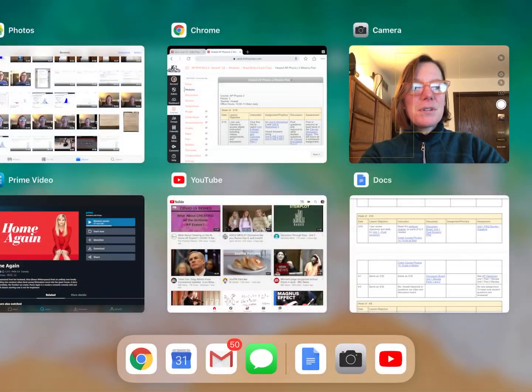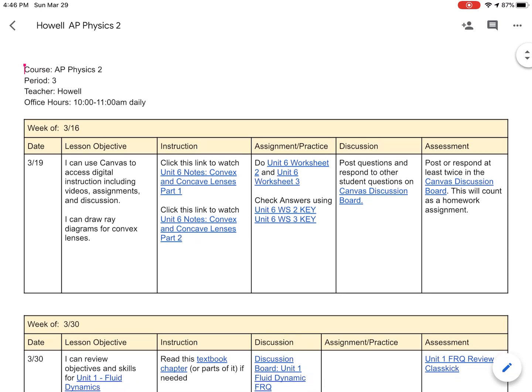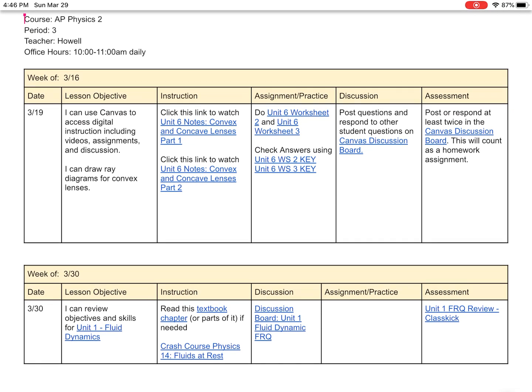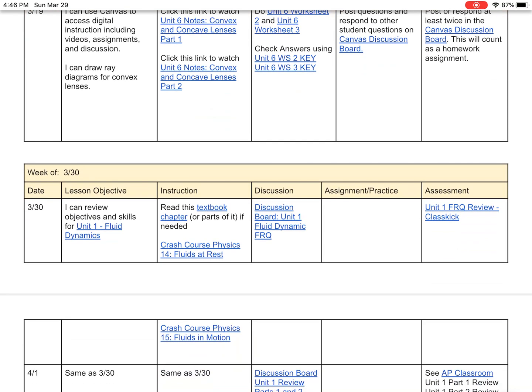So we are going to abandon optics for now and go back to the beginning, go back to fluid dynamics and start our review. So the first thing I'm going to do is take you to this Howell AP Physics 2 document, which is located in Canvas. And before the break, we were still learning about optics.